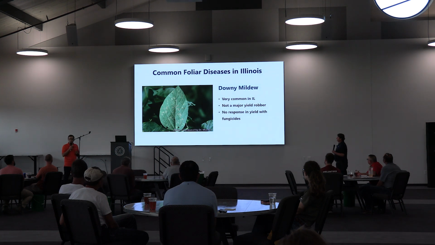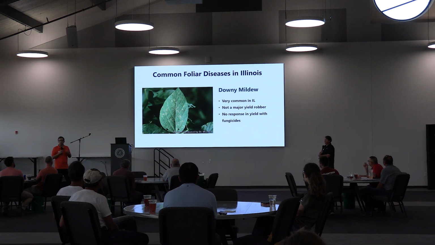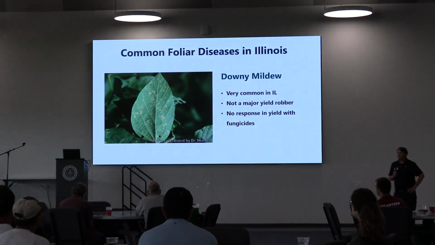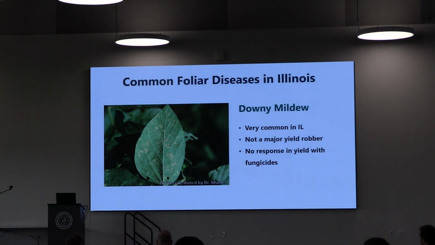So probably we should start with which diseases you may find out there in the field. One of them is downy mildew. This is a disease that we should be able to find very easily under decent conditions for diseases. It's very common here in our area. The lesions are very characteristic of this disease.